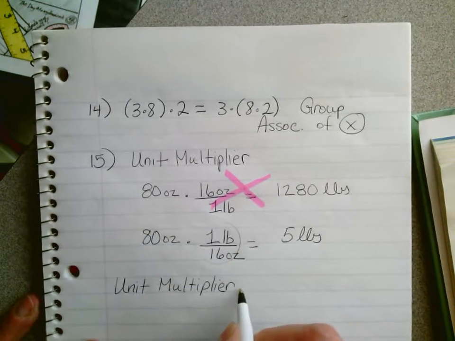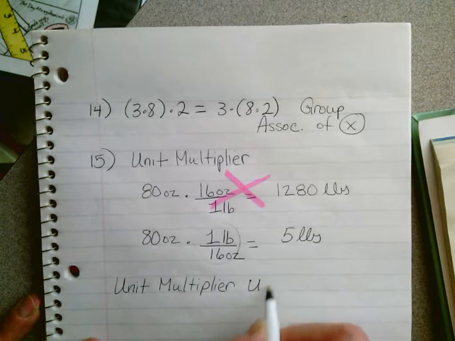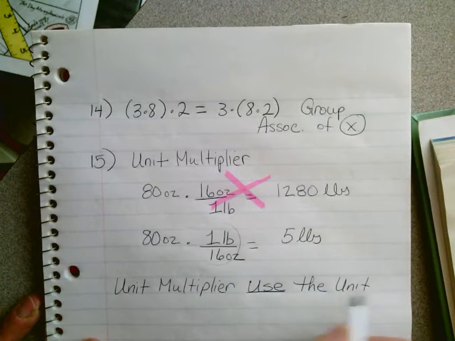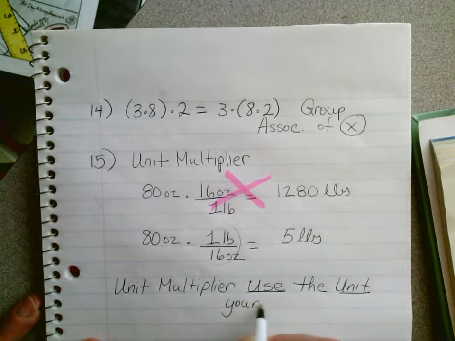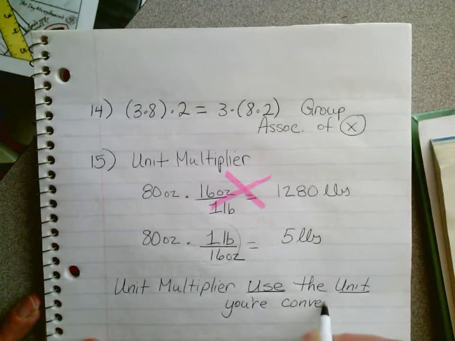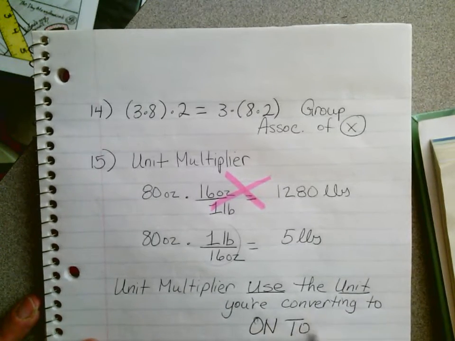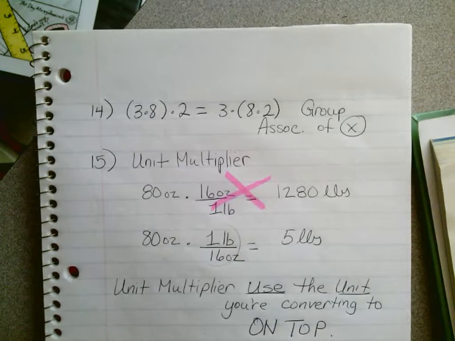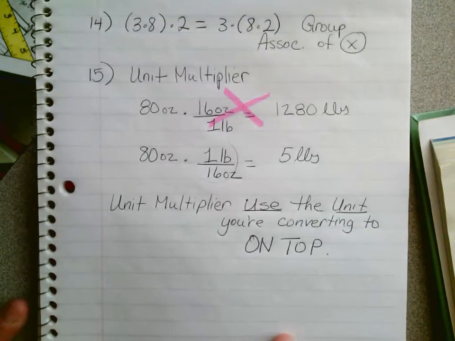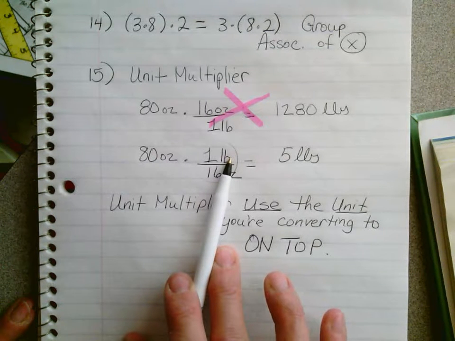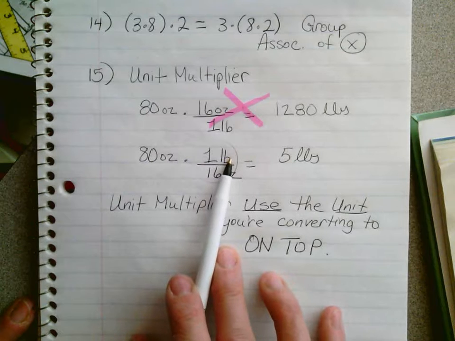But to make sure you use the right unit multiplier, you must use the unit you are converting to on top. Okay? Since we're converting to pounds, we use the pound one on top. Okay?